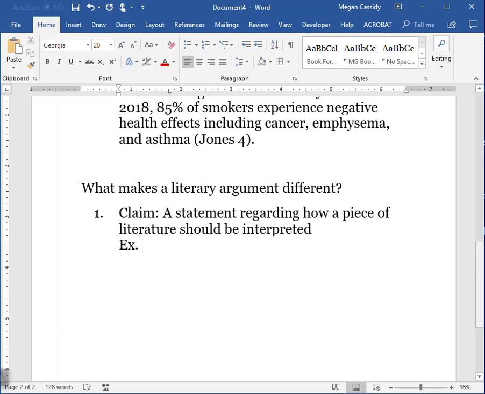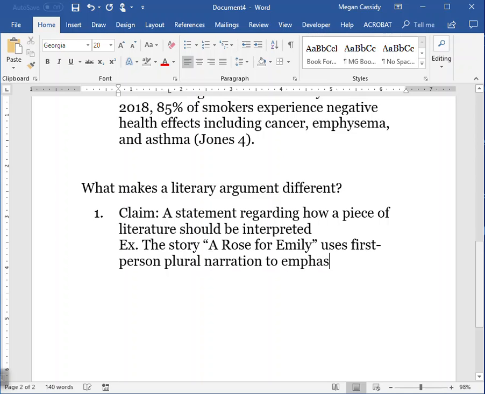So I'm going to have a claim here about the story that you read for this week, A Rose for Emily. Now, if you noticed, A Rose for Emily uses first person plural narration to emphasize that the entire town has isolated and ostracized Emily.